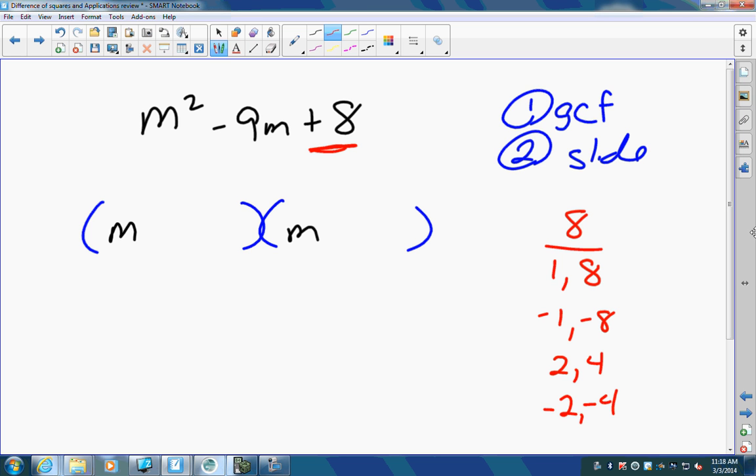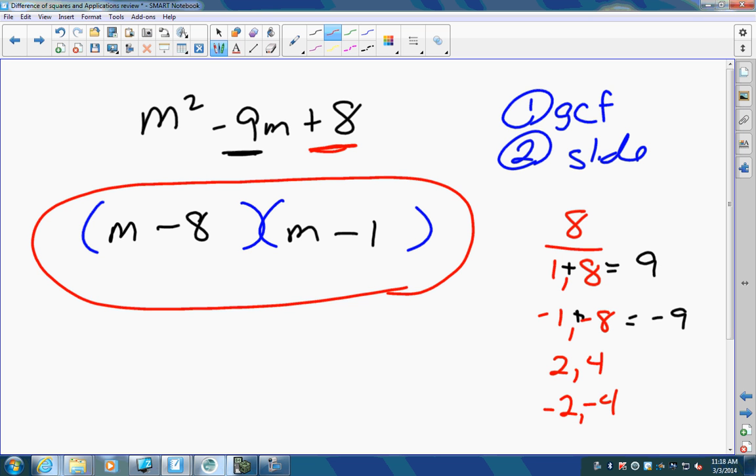When you add them together, you want them to be negative 9. This is positive 9. There's negative 9. I don't have to go any farther, so I'm going to use minus 8 and minus 1. This is my answer. You could not have done 2 and 4. 2 plus 4 is 6. It won't give you your middle number.